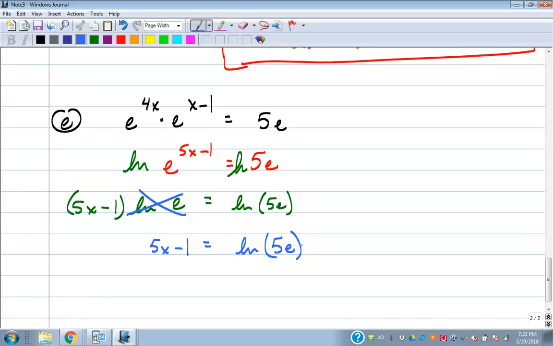And, you know, I could do a little work there with that part, because that's a multiplication problem inside of a log. So how could I expand that?